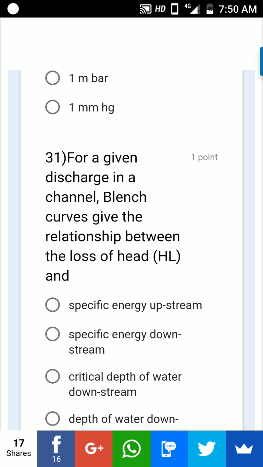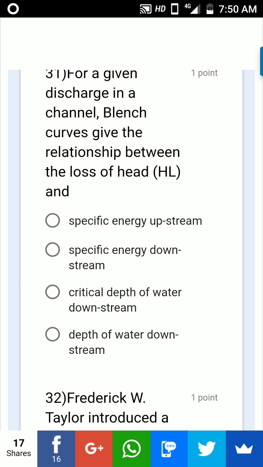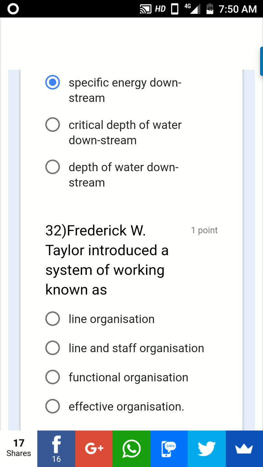For a given discharge in the channel, the Blanch curve gives the relationship between the loss of head and specific energy downstream.